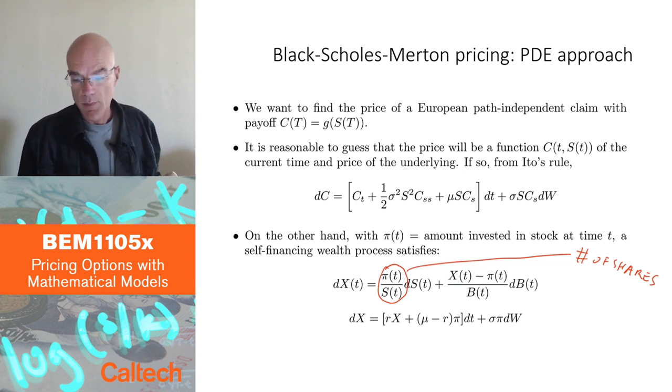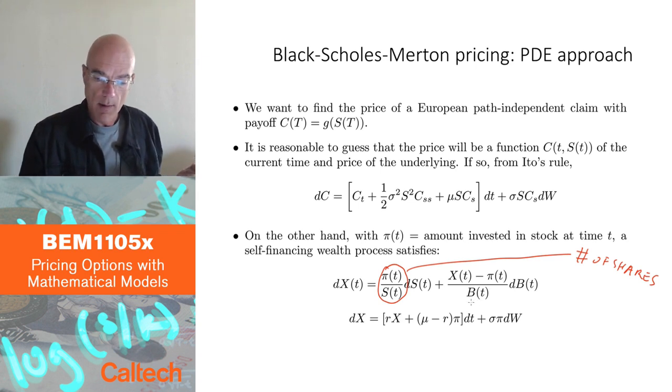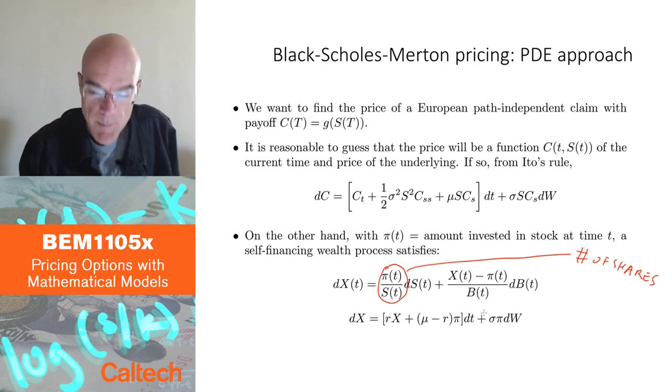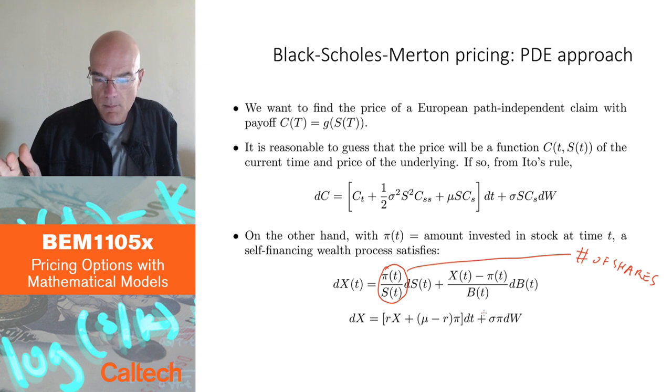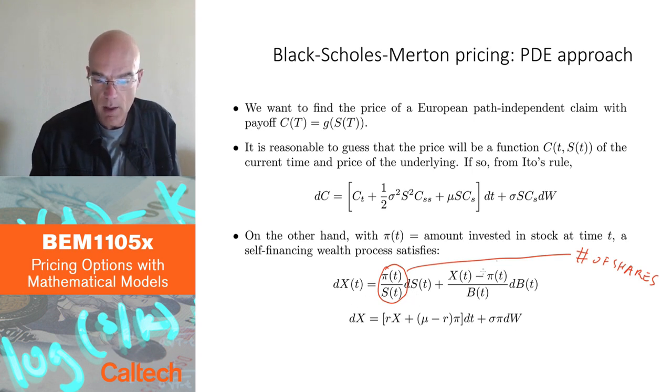So X minus pi, that's exactly the money I have in the bank, over the current value of the bank account. It's the number of units in the bank account. Hopefully this is intuitive. It says change in X is number of shares in the stock times the change in stock plus number of shares in the bank times the change in bank.